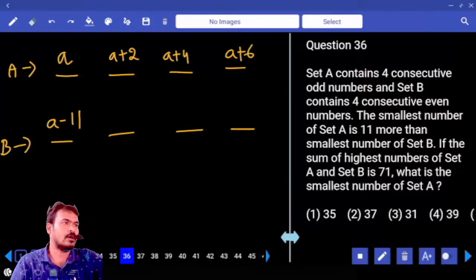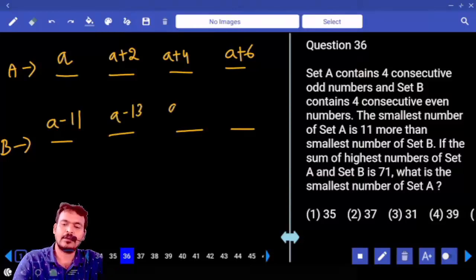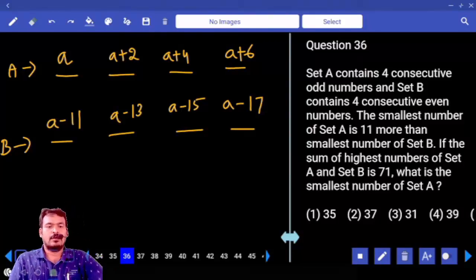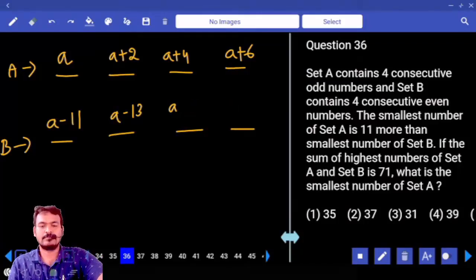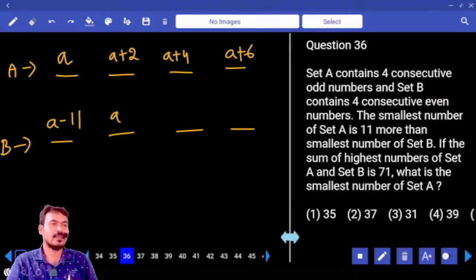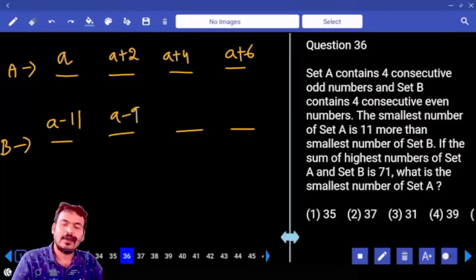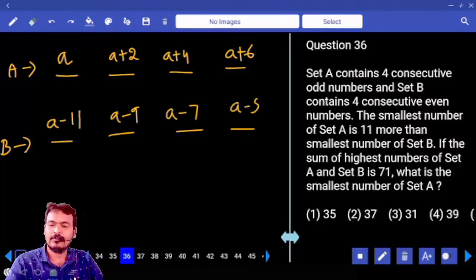Next, the consecutive even numbers: first one A minus 11, and every value we are adding plus 2. A minus 11 plus 2 is A minus 9, next one A minus 7, next one A minus 5.